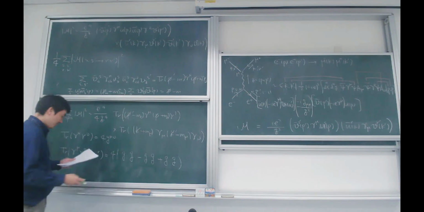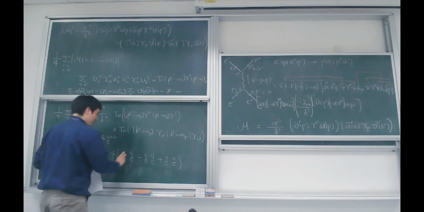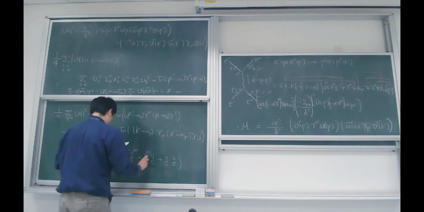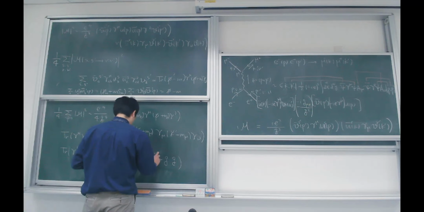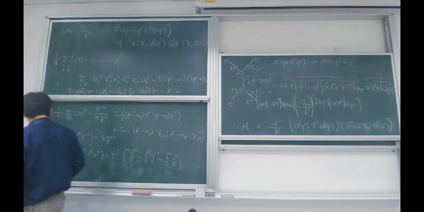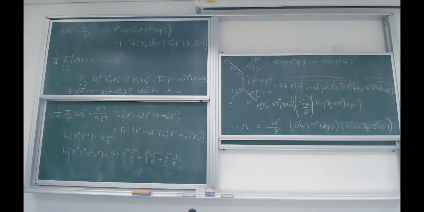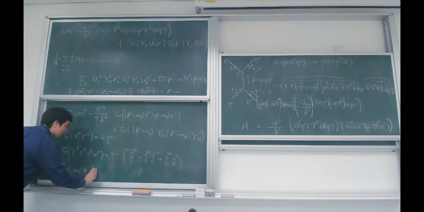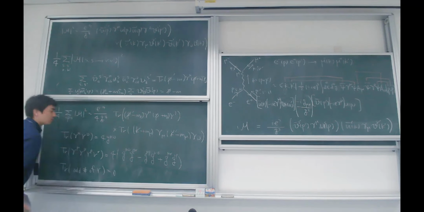And the trace of an odd number of gammas is equal to 0.